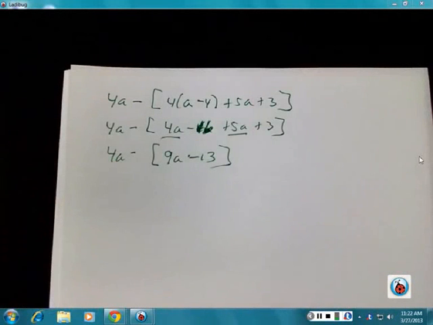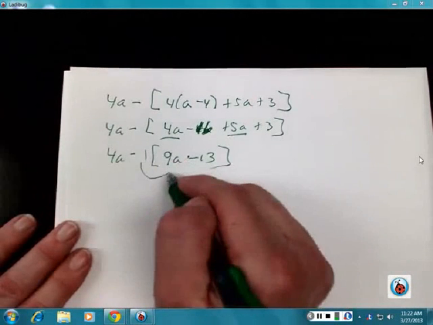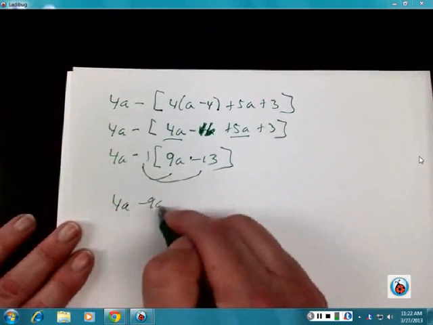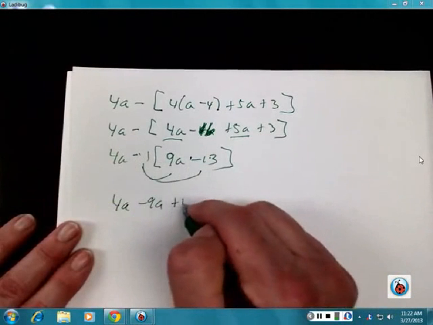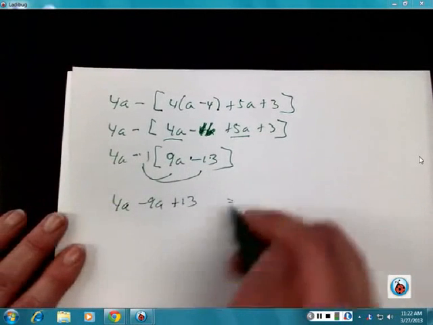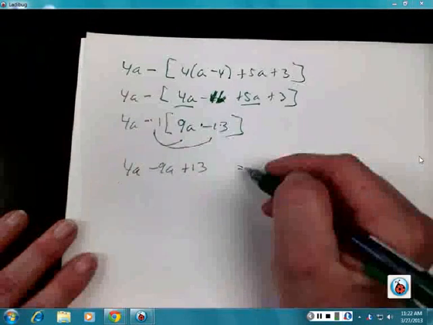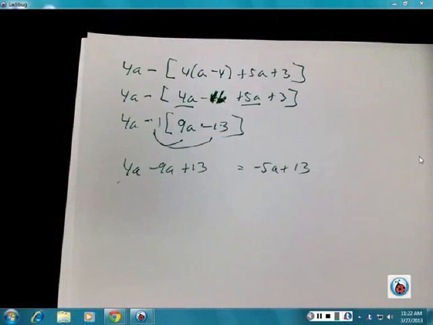Then I need to finish it out, because now I've got a subtraction happening here, so that negative 1 needs to be multiplied by every piece. So I have 4a minus 9a. Negative 1 times a negative 13 is a positive 13. Put stuff together, 4a and a negative 9a, negative 5a. Plus 13. And that will be my answer.